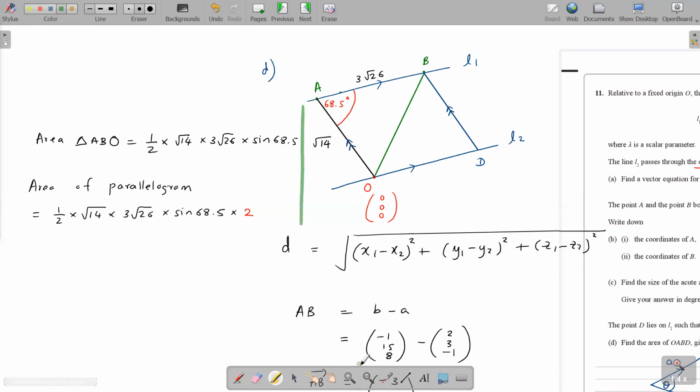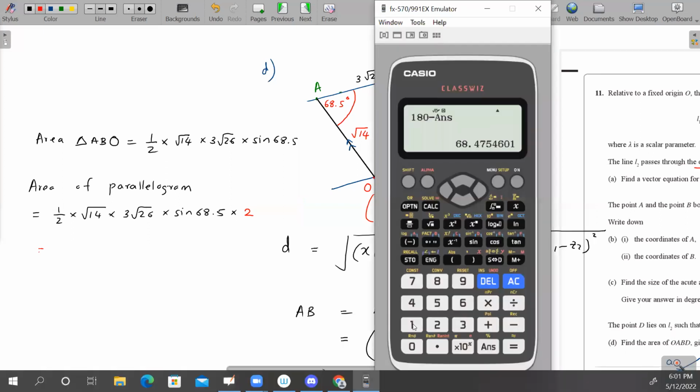I just drew this line here so that this distance was root 14. How much is this answer? When you type everything into the calculator, half times root 14 times 3 root 26 times sine 68.5, close the bracket, times 2, I get 53.253.